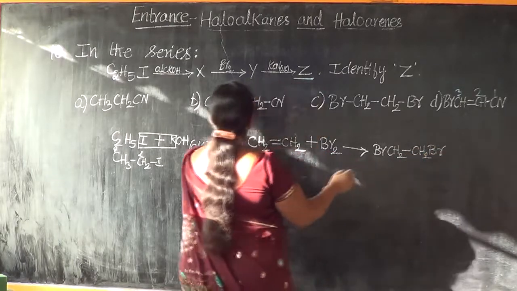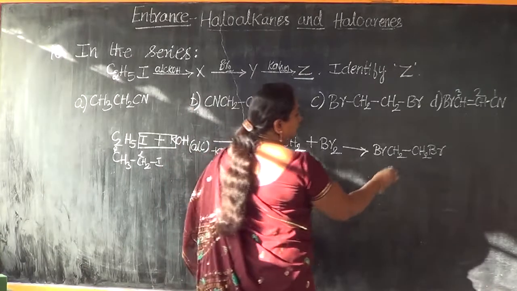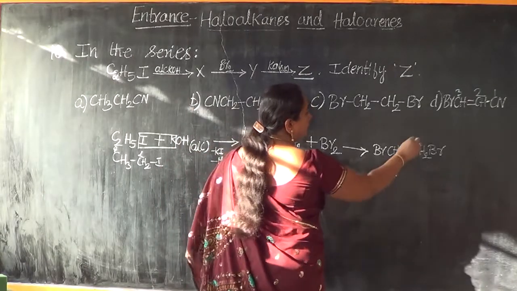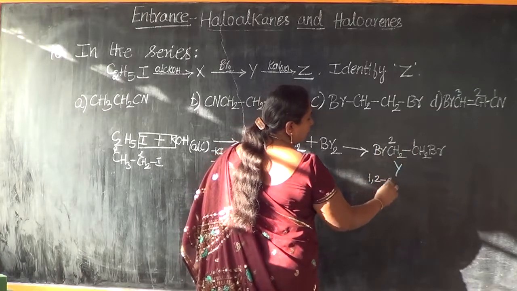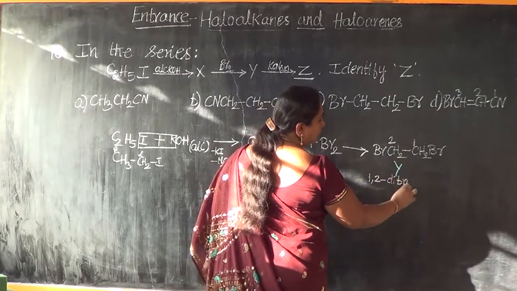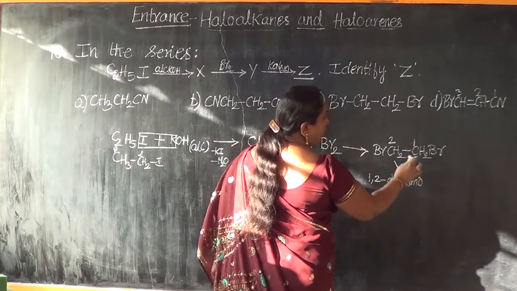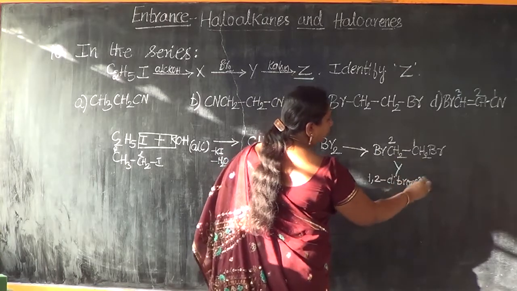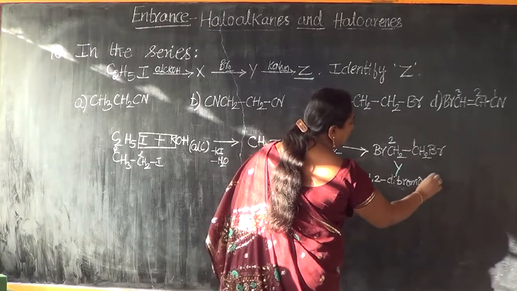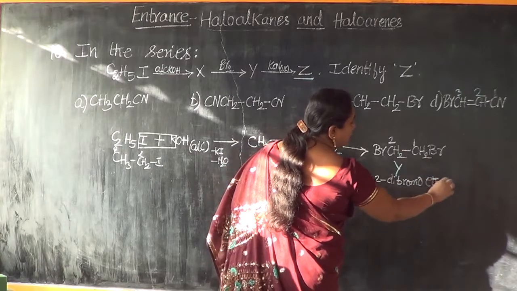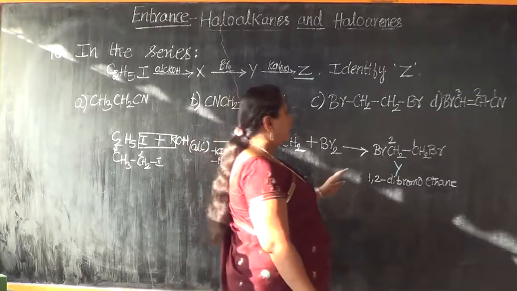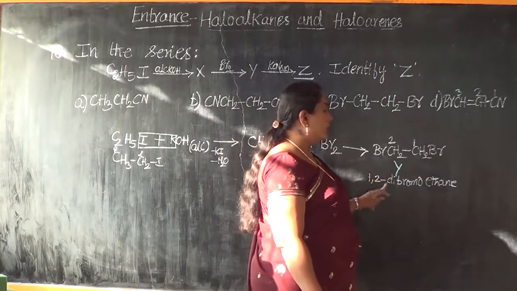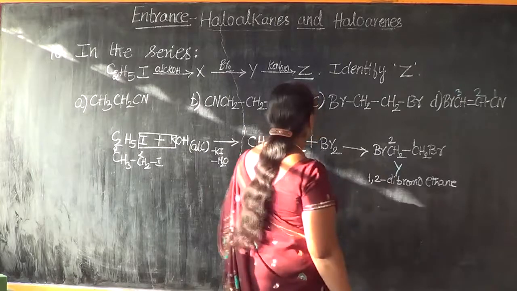So this is going to be our Y. What is the name of Y? 1,2 dibromo. There are 2 carbon atoms. Ethane. Eth is the root word because it is saturated. So the name of Y will be 1,2 dibromoethane.